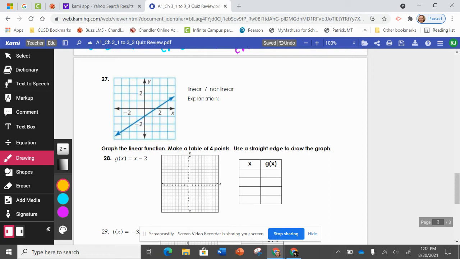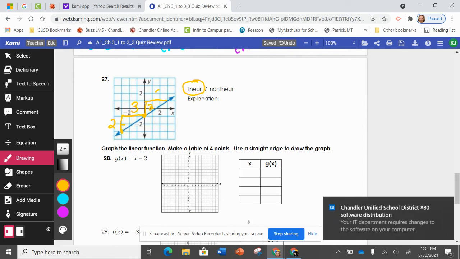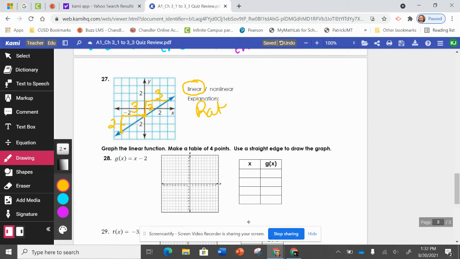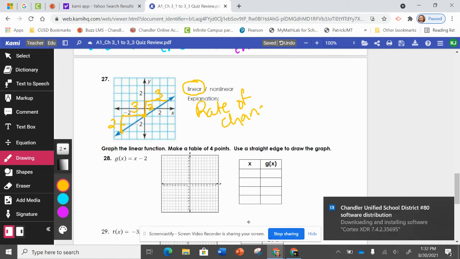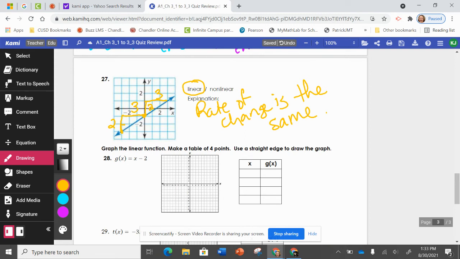And for 27, linear and nonlinear, well, this clearly is a straight line, so that makes it linear. But also, if I look at the rate of change, if I go from here to here, this is up 2, right 3. I go from that spot to here, this is up 2, right 3. So the rate of change is the same. And it's clearly a straight line.